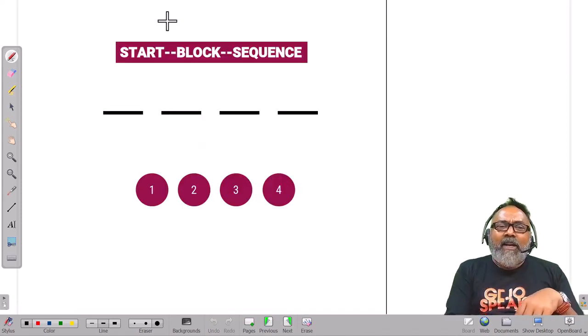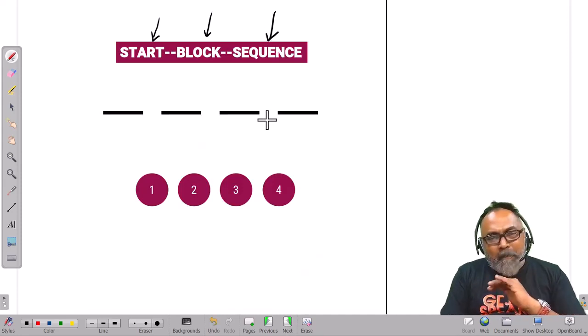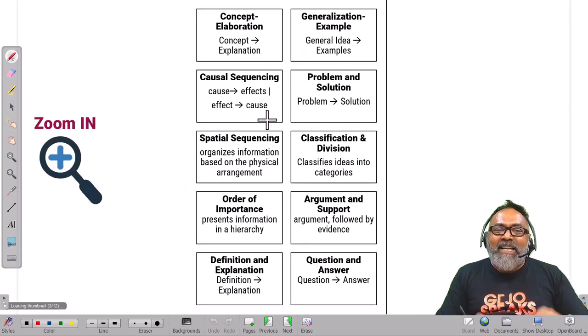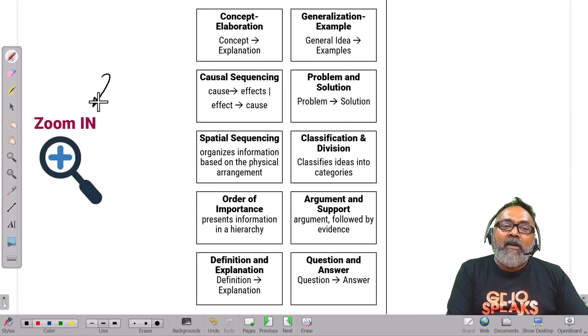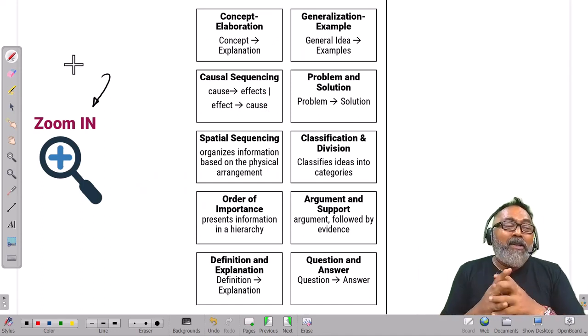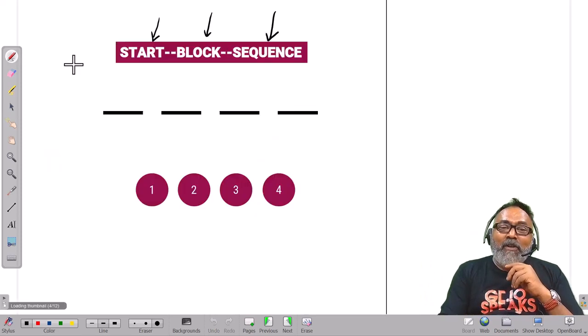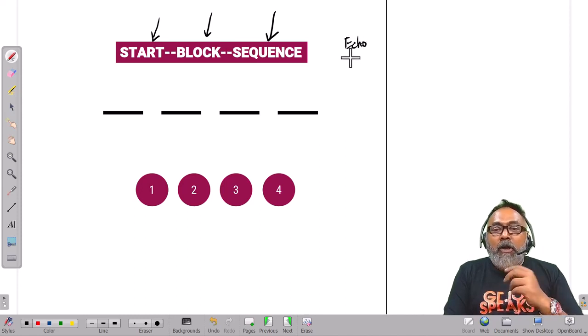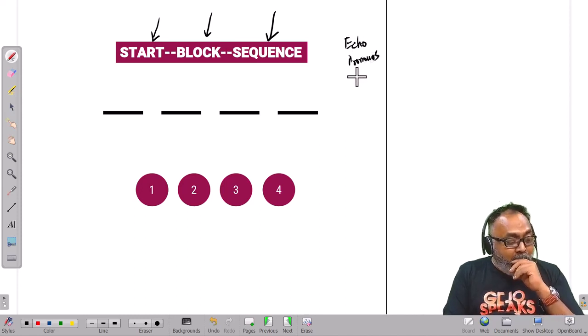And we said this, right? We have to look at the start, find the block, get the sequence. And in that sequence, we said zoom in, which is from general to specific, is what we see a lot. But what if we don't find too many cohesion words, echo, pronouns, and what else?